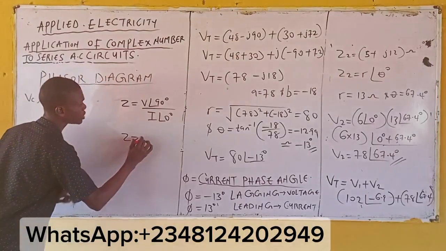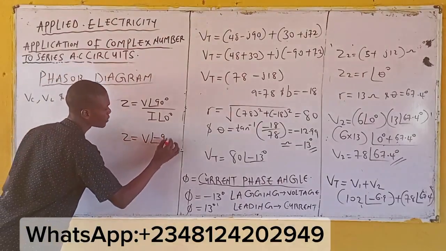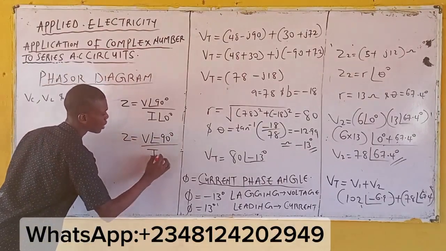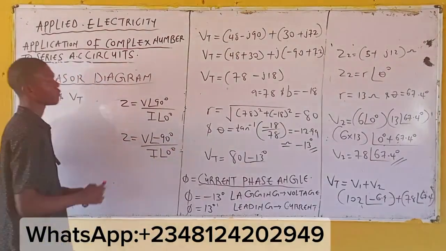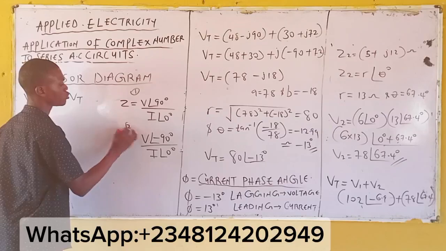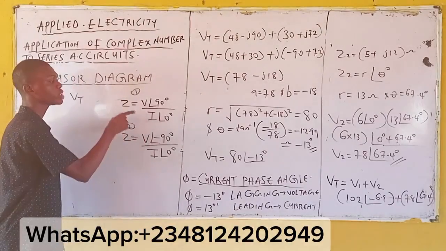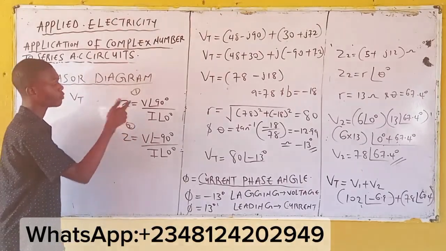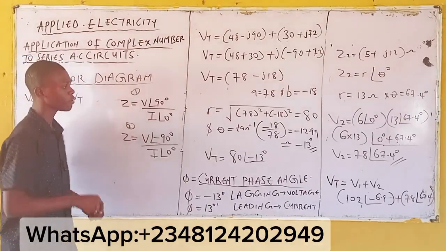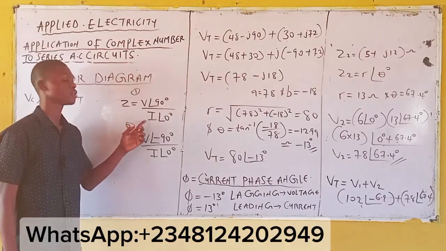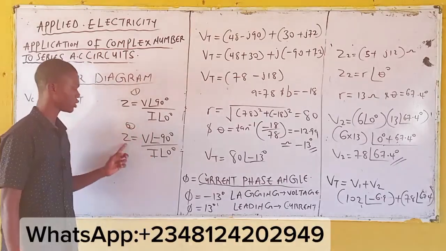Then we said Z is equal to V at negative 90 degrees divided by I at 0 degrees. Now for this first one, call this case 1, what's the interpretation? The interpretation is that your voltage is leading. If your voltage is leading, what does it mean? Your current is lagging.